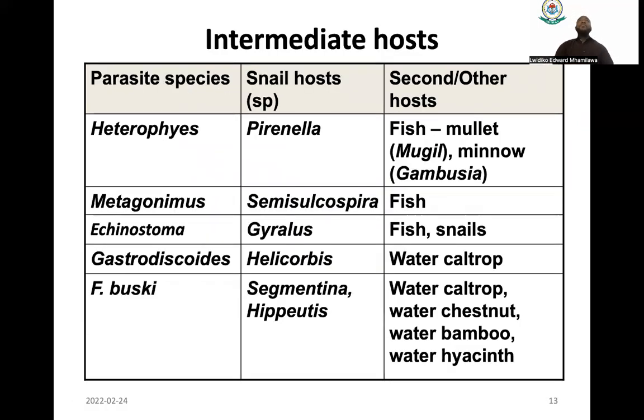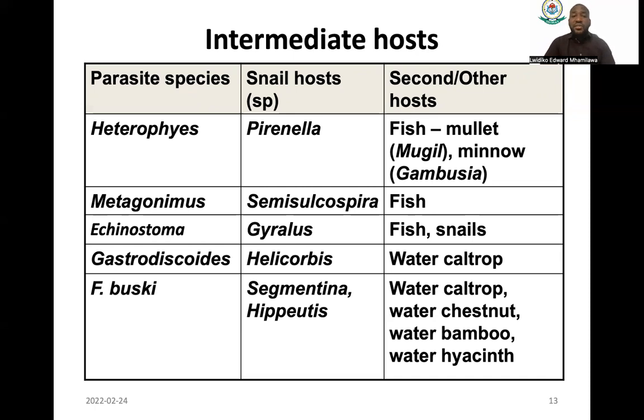As we're going to be discussing, there's usually an intermediate host, from the parasite to the intermediate host, the second intermediate host, where it gets to infect a human being. The intermediate host is usually a snail.